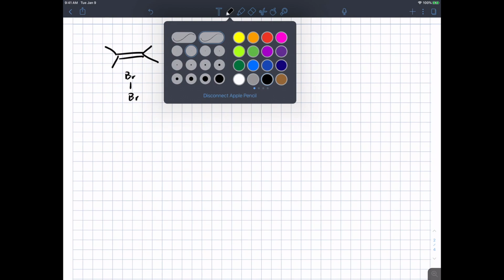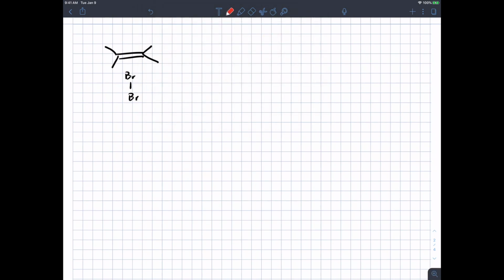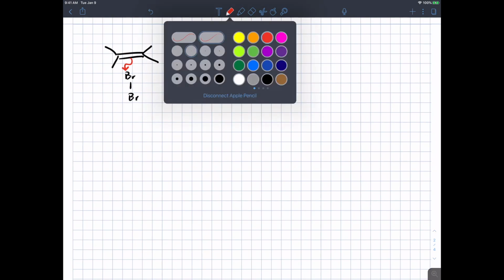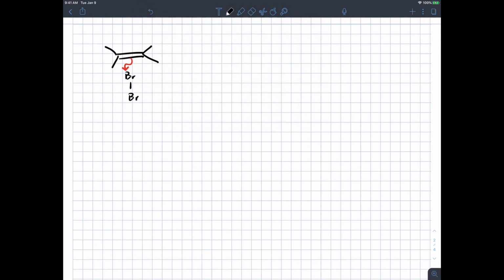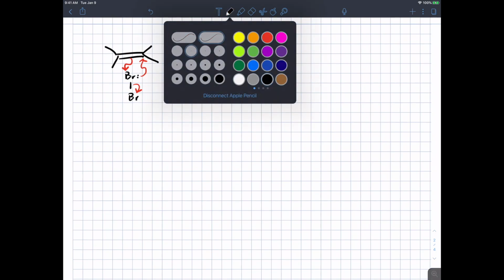So the classic example of this is bromination, where you've been taught that pi electrons attack the bromine sigma star at the same time as lone pairs on the bromine are attacking the other carbon of the olefin at the same time as the bromine-bromine bond is breaking.